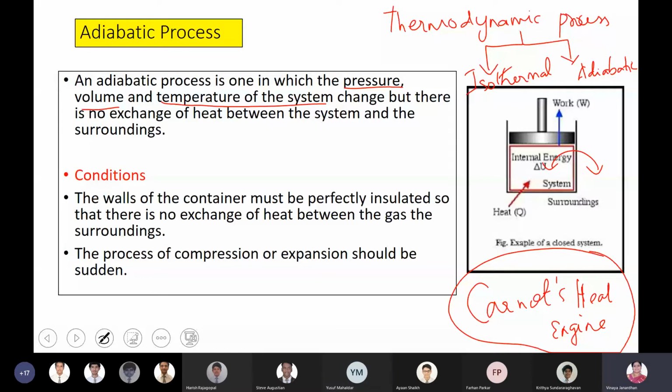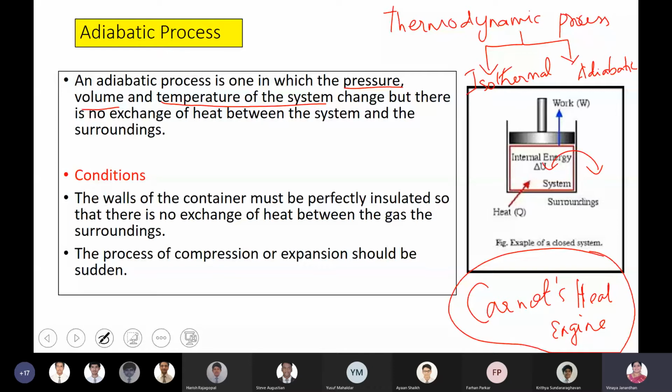Yes, because the working substance undergoes adiabatic expansion suddenly. It gives away heat energy to the surrounding, but it doesn't take heat energy from the surrounding. So when heat energy is liberated to the surrounding, you feel hot. But when heat energy is not absorbed by the system, the temperature of the system keeps on decreasing.